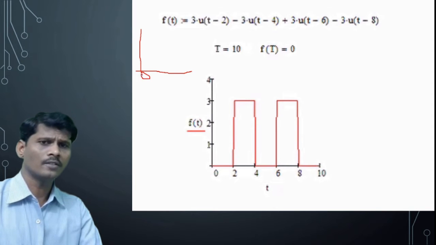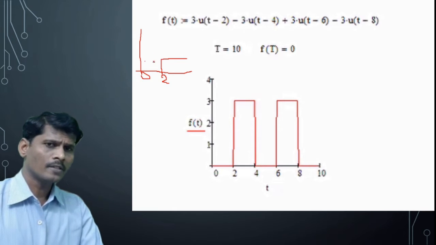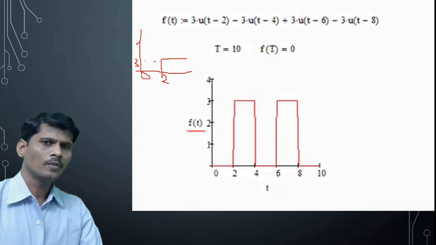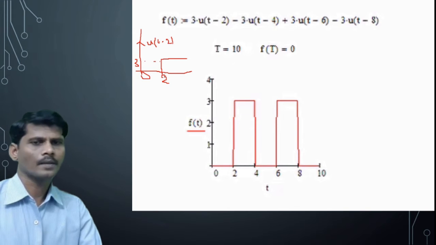This is the origin and this is 2. For t greater than or equal to 2, the magnitude value is 3. So this is the graphical representation of 3u(t-2).